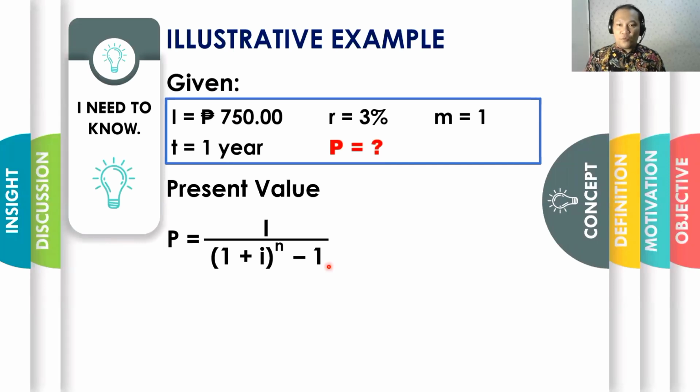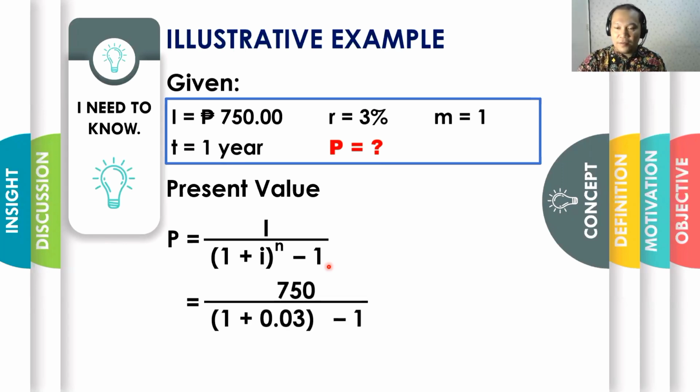Now, this formula was derived from the formula I is equal to the maturity value minus the principal amount. By substitution, 750 all over the quantity (1 plus 0.03) raised to 1 minus 1.